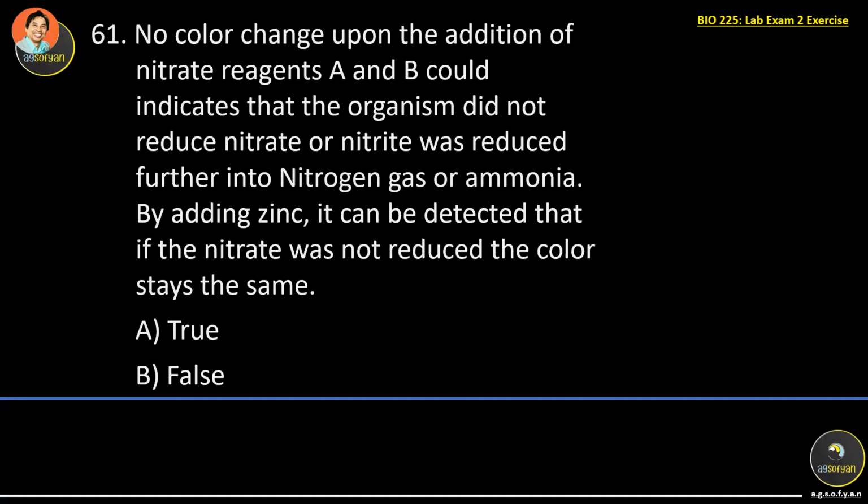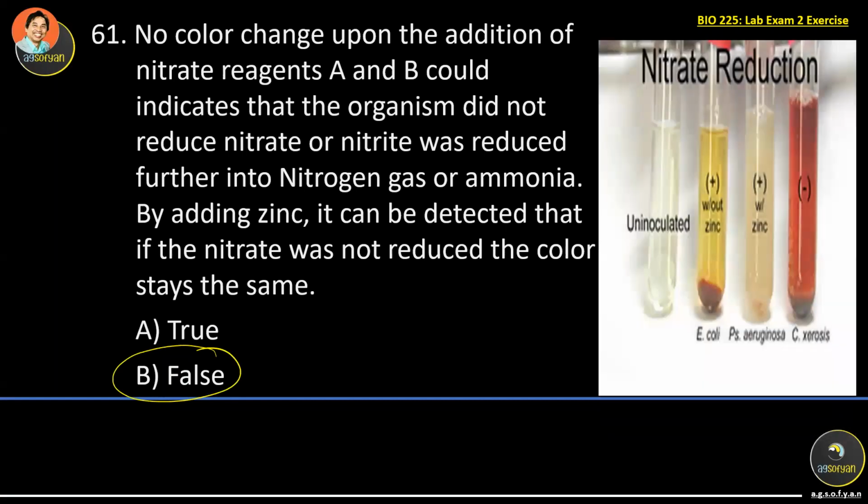No color change upon the addition of nitrate reagents A and B could indicate that the organism did not reduce nitrate, or that nitrate was reduced further into nitrogen gas or ammonia. By adding zinc, it can be detected that if the nitrate was not reduced, the color changes. What is the answer for this one? It should be false. Look at this result over here.